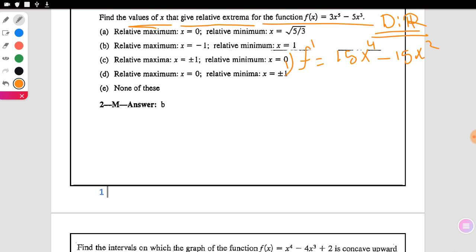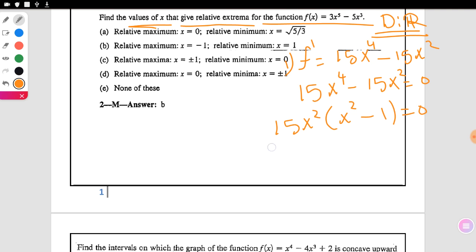Since we have a polynomial function, we find the critical numbers only where the first derivative equals 0, since it does not fail to exist. By setting the first derivative equal to 0, we find the critical numbers, because we have only one case. Factorizing 15x to the power 2, it will be x to the power 2 minus 1 equals 0.